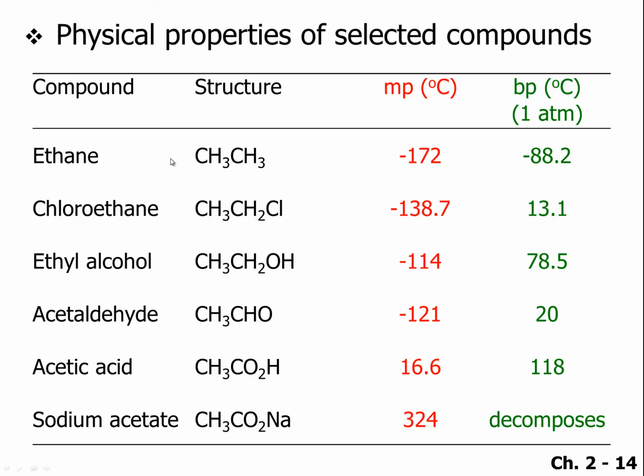The less polar, the lower the melting point, the lower the boiling point. And then as you get more polar, you get to the alcohols, you get to the acids, you're going to have an increase of the melting points and boiling points. Also, as you have an increase of the molecular mass, you're going to notice an increase in the melting points and boiling points.